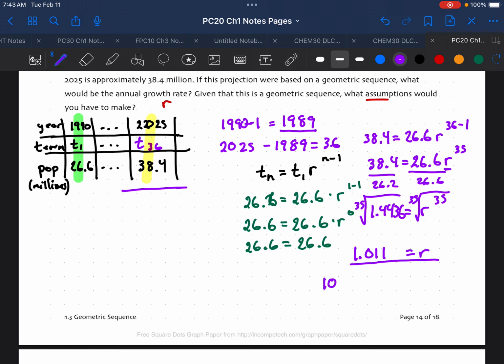This is 101.1%. That means that each year, the population is 101.1% of the previous year.